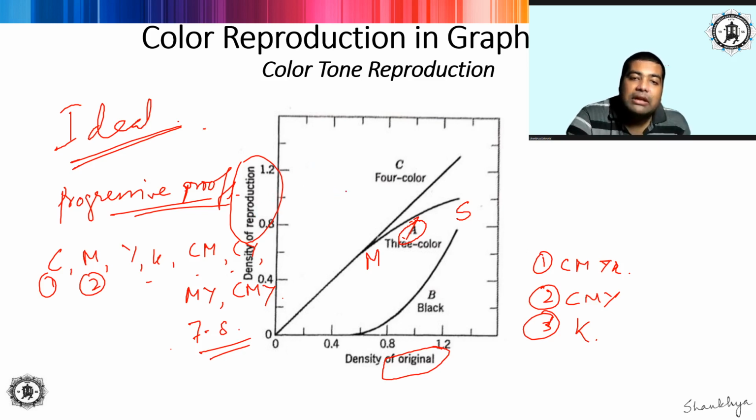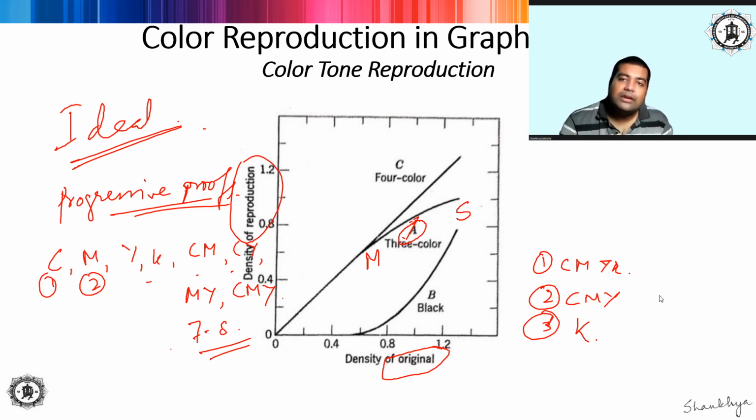Normally, in ideal situation, we were expecting that the three color superimpositions would be sufficient enough to create an ideal black. But is it what is happening? Is it what is happening with this particular curve? No. Now the question is why.